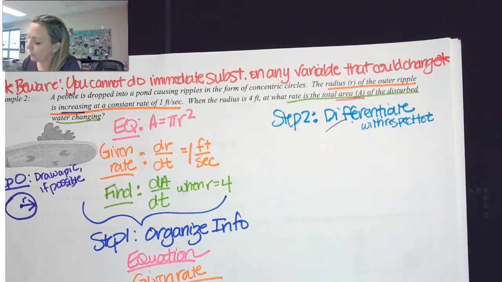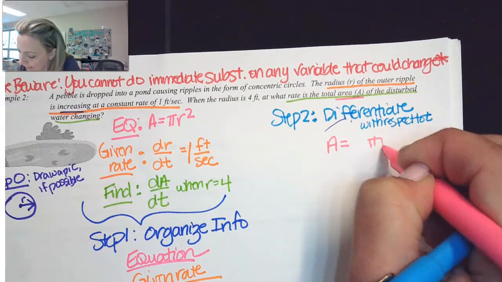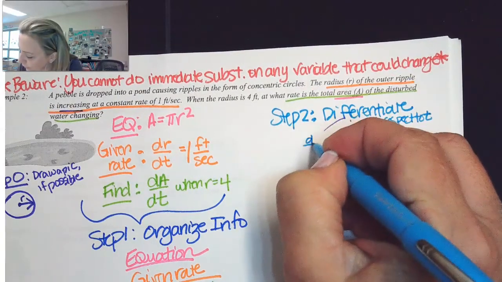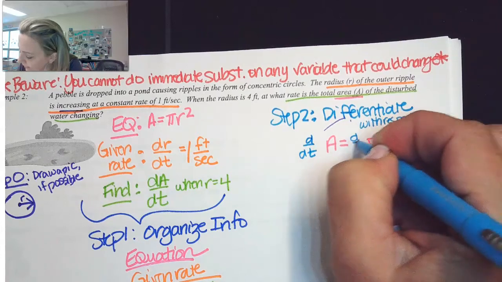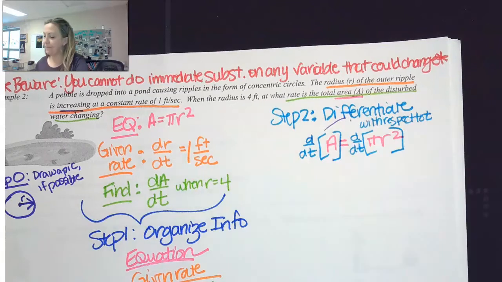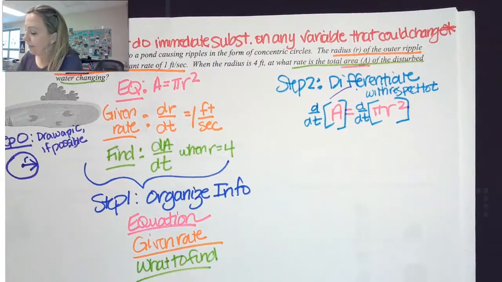The equation that we had was A equals pi r squared. So we are going to differentiate with respect to t.